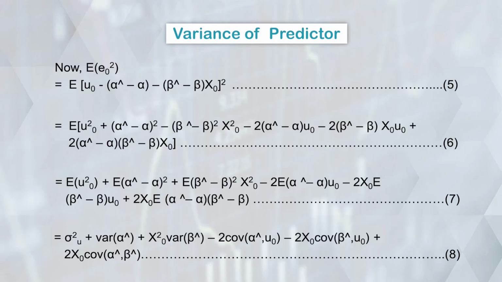This is very important because it is a cross term which shows the association between the estimated intercept and the error. Similarly, covariance terms are given for the associations between beta hat and the error, and between the intercept and slope coefficients. So these are the cross terms.